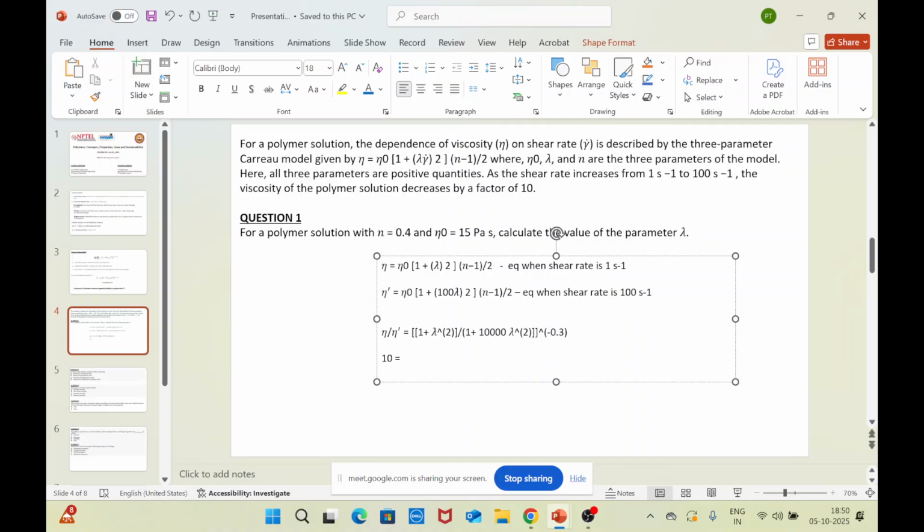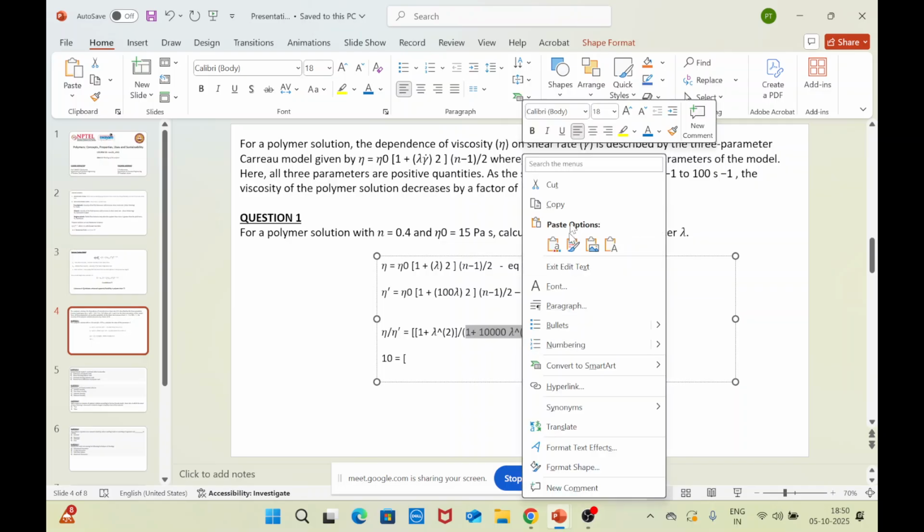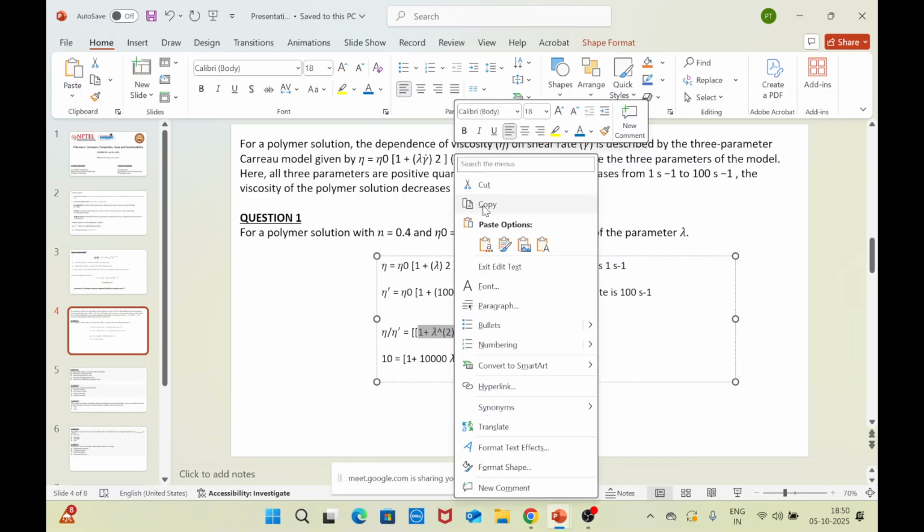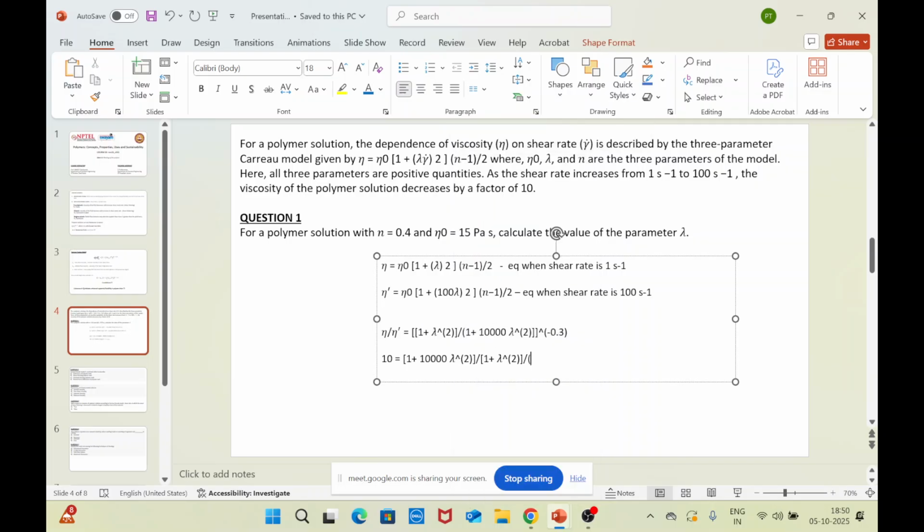So eta by eta dash is going to be 10, so 10 by, whole power 0.3.